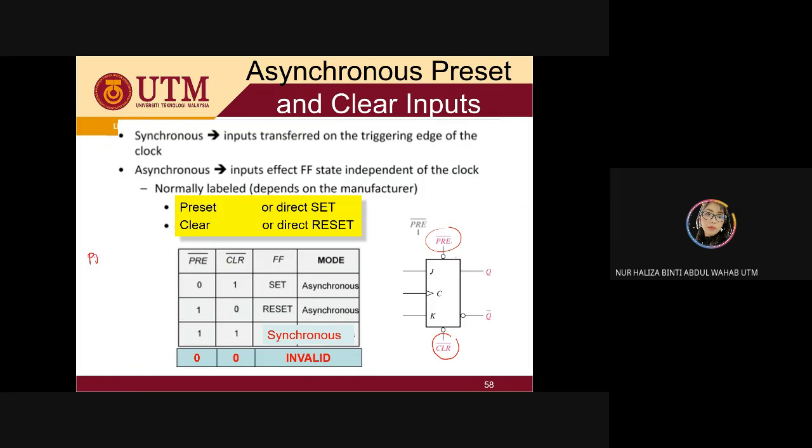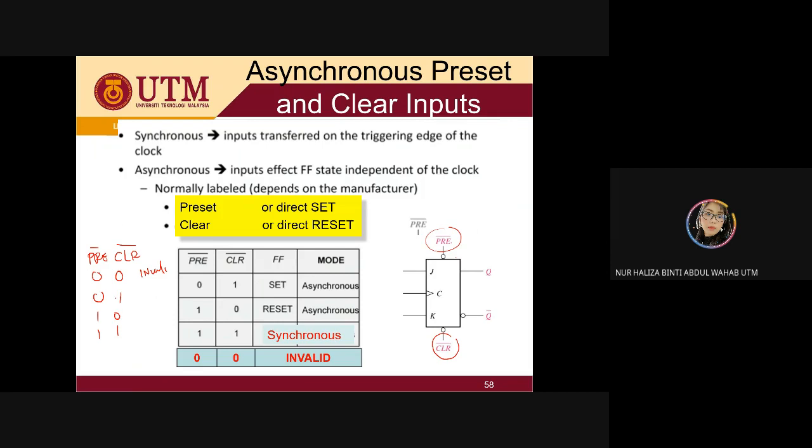You have pre and clear. You have 0, 0, 0, 1, 1, 0, 1, 1. This table I didn't like because it is not following the sequence. If 0, 0, it is invalid. You cannot have 0, 0 for both. Okay. Then you have 0, 1.